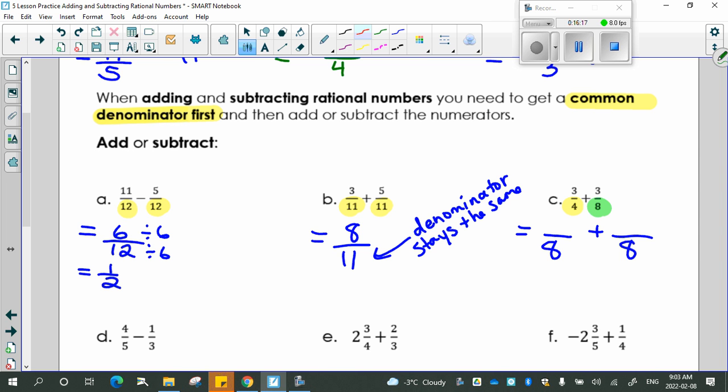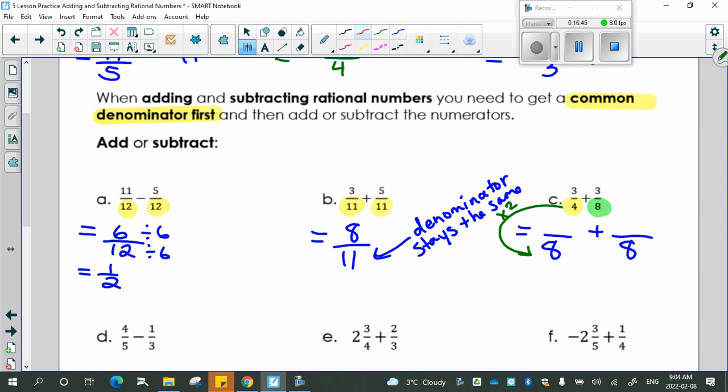And then you're going to ask yourself, did the denominator of the first one change? Yes. So the numerator has to change as well. So what do I have to multiply 4 by to get 8? 2.